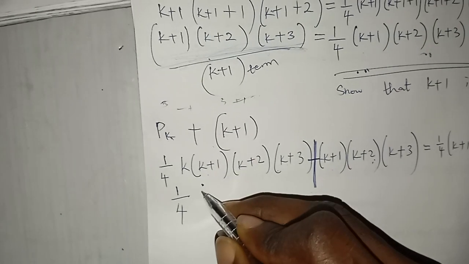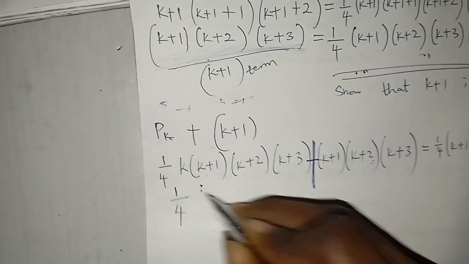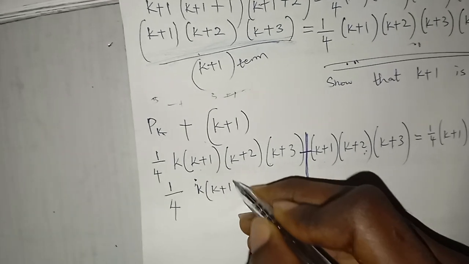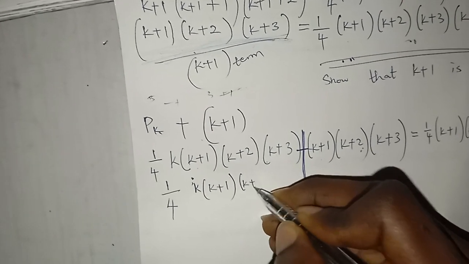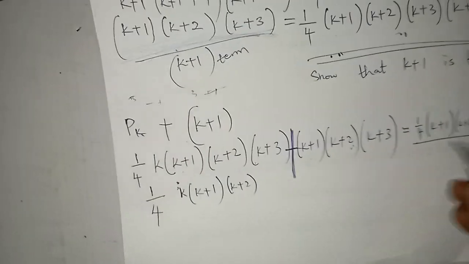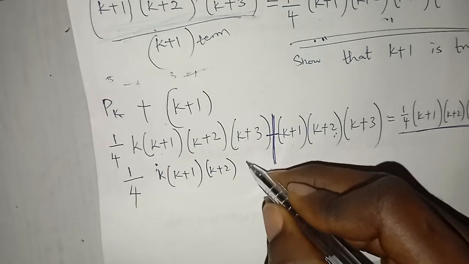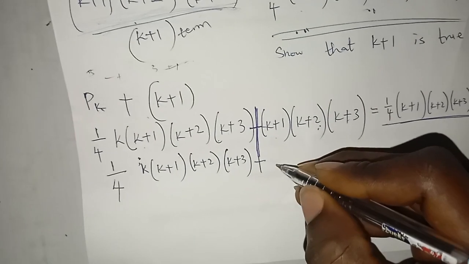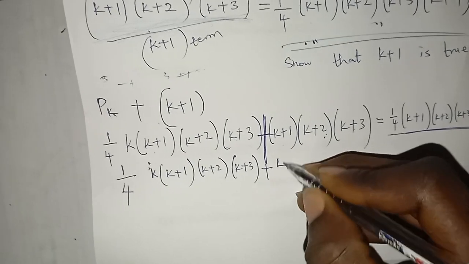Then I'll have k into k plus 1, k plus 2. I'm focusing on the left. The right hand side is to be proved. I don't need to look at it till I prove. k plus 3. Then plus, if you take LCM, 4 will come here.